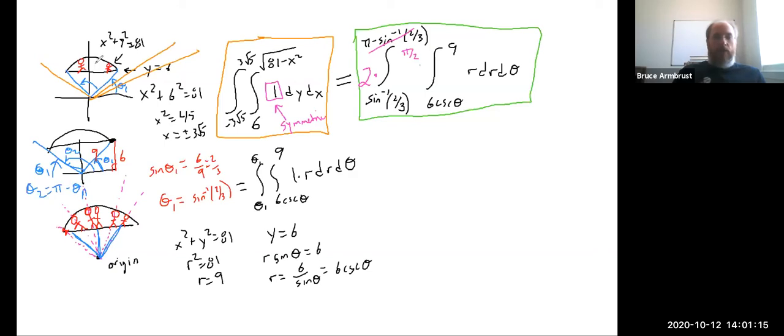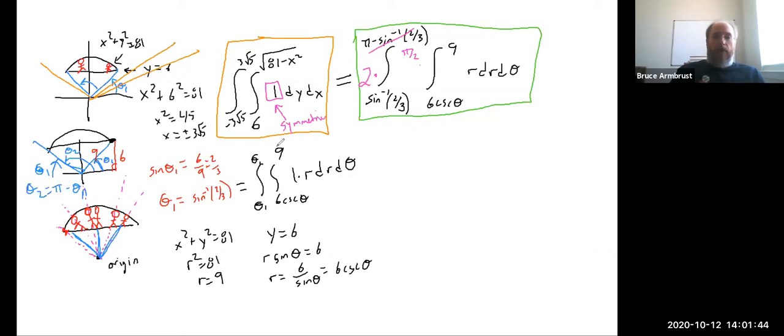This would be totally fine. But you can imagine, what if this function, instead of being 1, was like x sine of y? Is that going to be symmetric on both sides of this? I don't know. Maybe, maybe not, and we'd have to check it. So in general, I want to warn you against using symmetry, okay, in general.